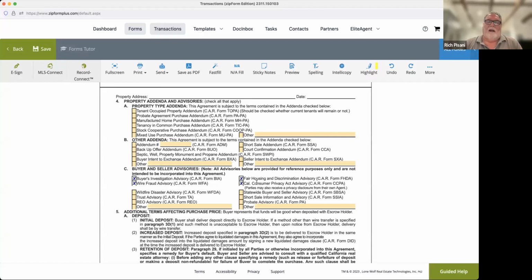The addenda, obviously, if it's tenant occupied, the TOPA, probate, any of these things, you would add those addenda.